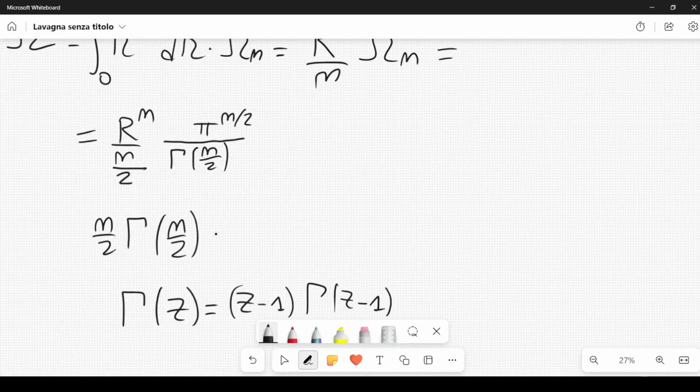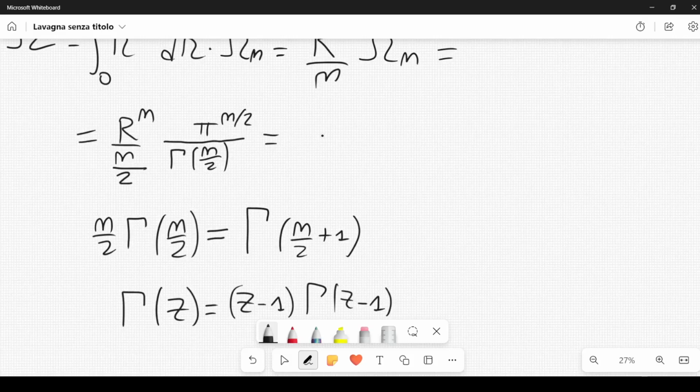I don't remember exactly, maybe in other courses, and in the complex calculus course probably, but never mind. This is quite easy to check also on the internet, and it is not worth expanding on this result. By using that property, we see that this is equal to gamma of n over 2 plus 1.